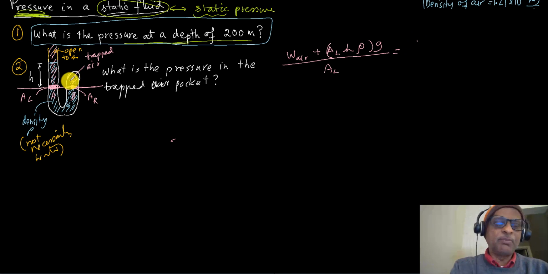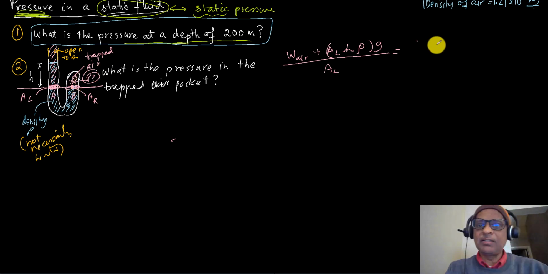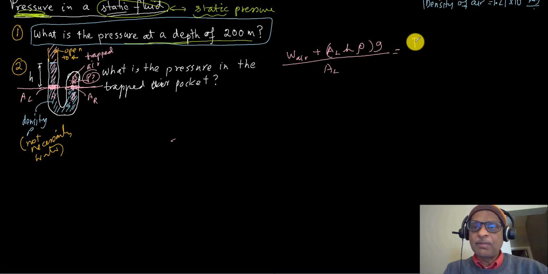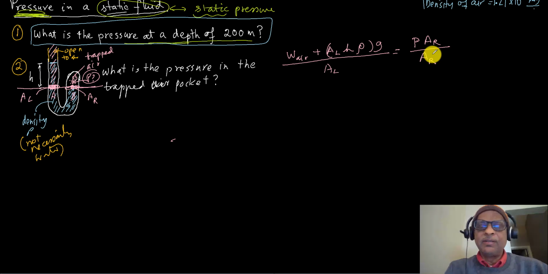I can just use the pressure which we want. So pressure acting over this area will be the force. Pressure acting over that area will be the force, and divide by AR. Okay, this is what we want.